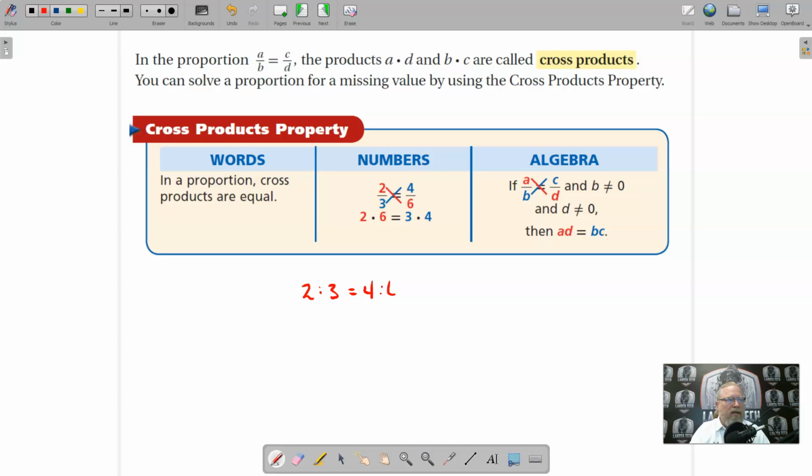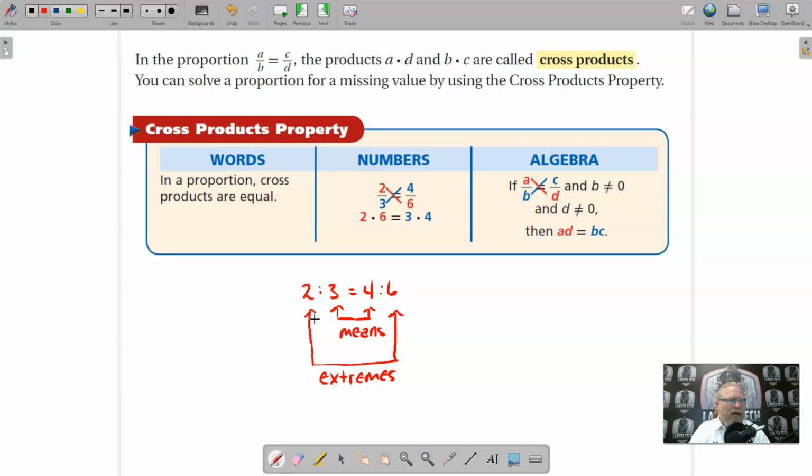Notice that right here close to the middle, and whenever we talk about the middle, we talk about the means, right? Means is what's in the middle. So 3 and 4 are the means. Now, out here on the further edges, and whenever something's out on the edges, way out there, we call those the extremes. So these are the extremes.